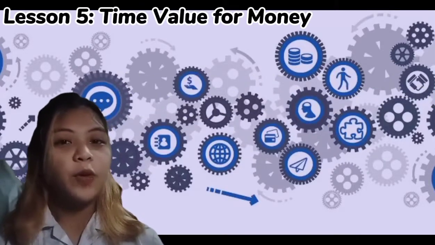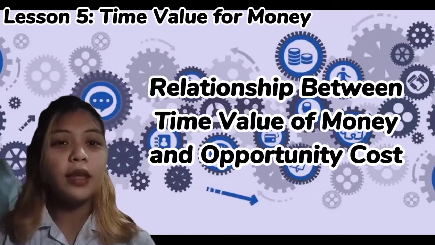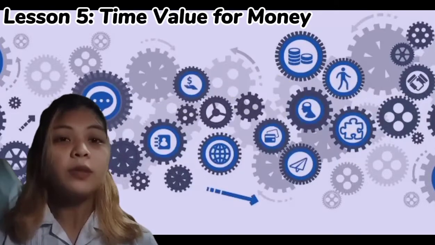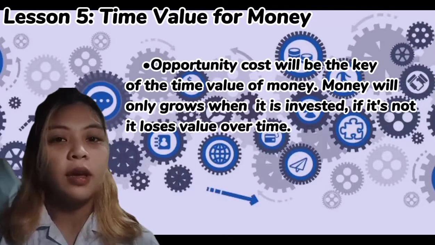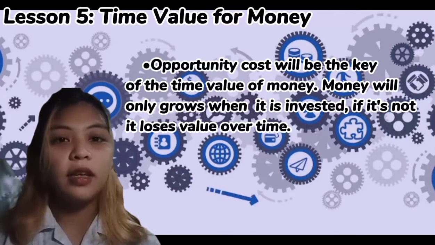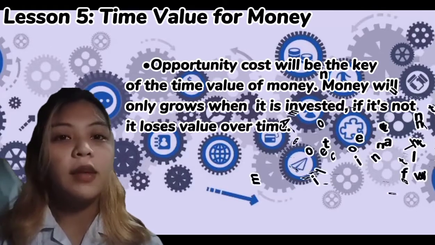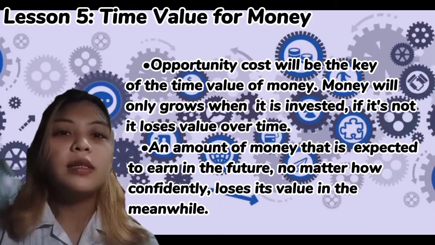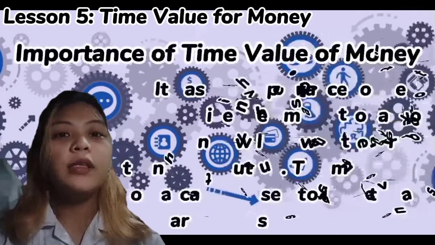And now I'm going to talk about the relationship between time value of money and opportunity cost. Opportunity cost will be the key of the time value of money. Money will only grow when it is invested. If it's not, it loses value over time. As a result, an amount of money that is expected to be earned in the future loses its value in the meantime.